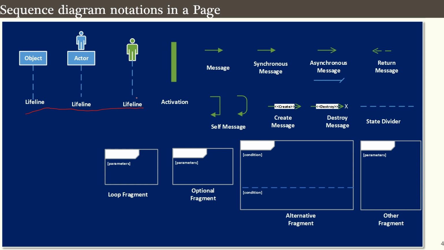Over the lifeline, you can draw a rectangle box like the one you are seeing here. That's called activation. So let's assume that you have two rectangle boxes here, you can establish connectivity between these two.